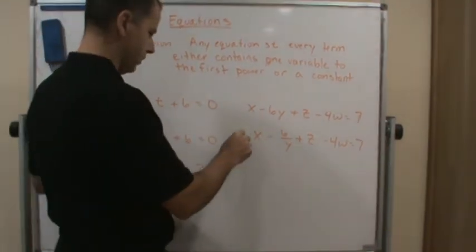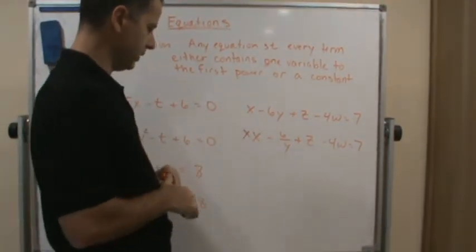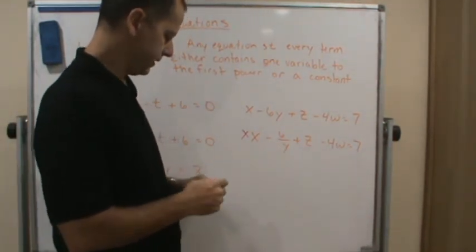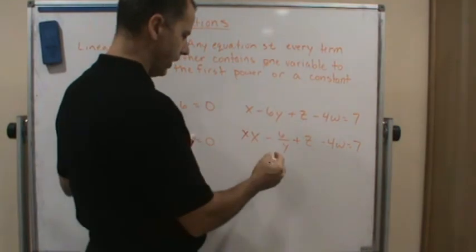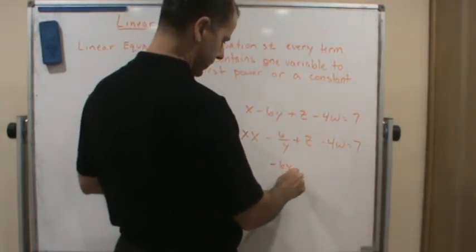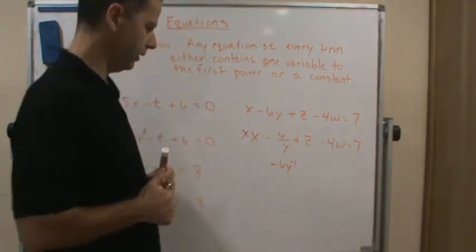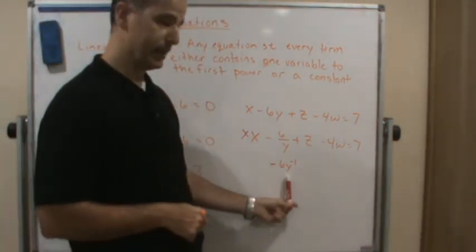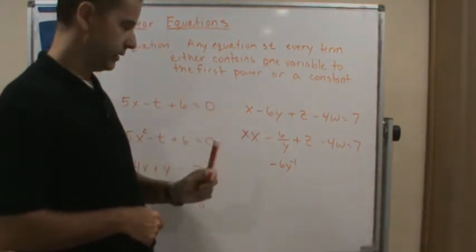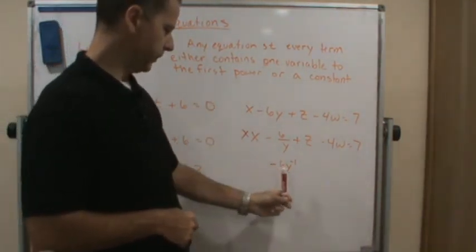This one is not, because of the y in the denominator, because this y, you could write it as minus 6y to the negative first power. And so this is not, it violates what we just defined as a linear equation.